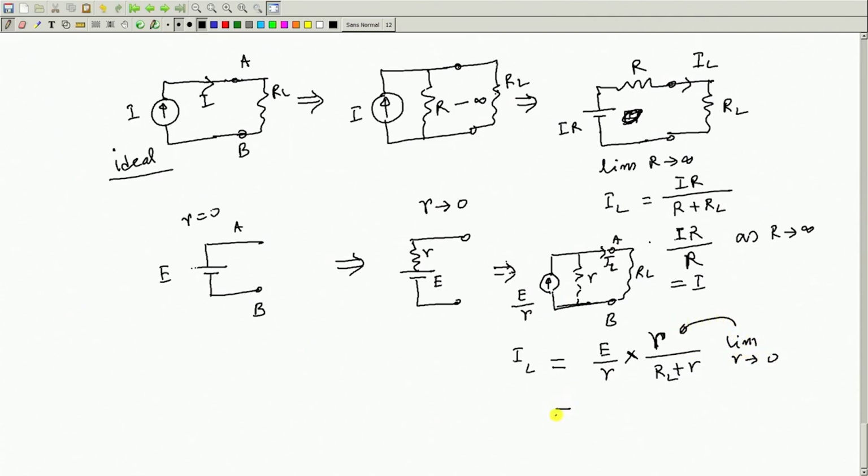What will it become? R tends to 0. So, this can be straight away written like this, E by R into R by RL, and then limit R tends to 0. What is this value? This will be simply E by RL.